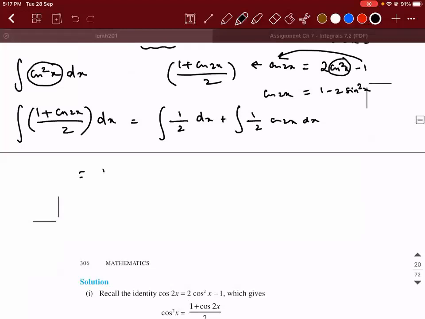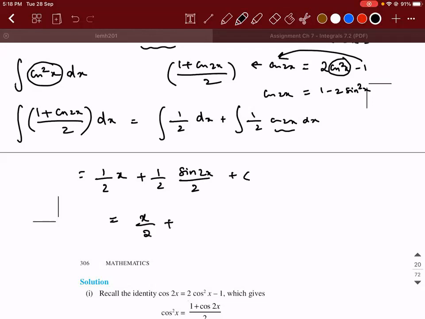So what is the integral of half dx? Half into integral of dx is x, plus half into integral of cos 2x is how much? Sine 2x by 2, because the coefficient of x is 2, plus c.